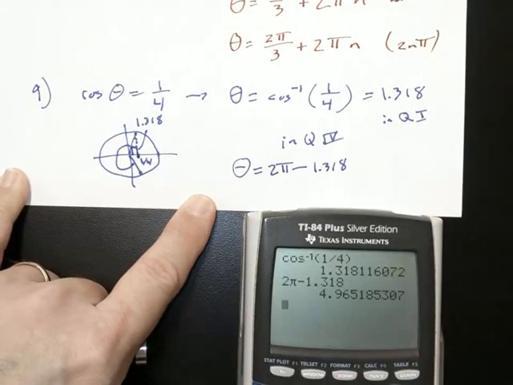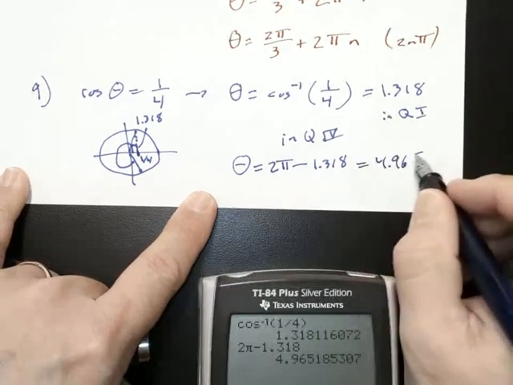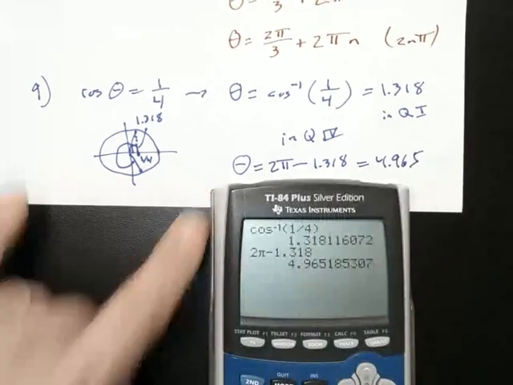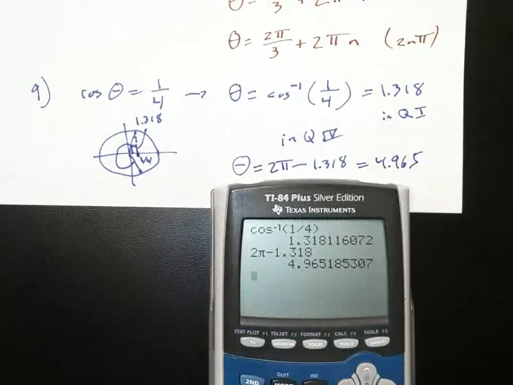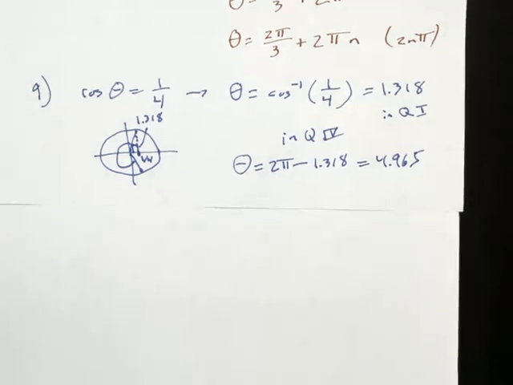So I'm going to call that 4.965. This is why I need to know, once I have the reference angle, how do I get the rest of them? And in this case, that's exactly what I've done. I've figured out what the remaining piece of the circle is.